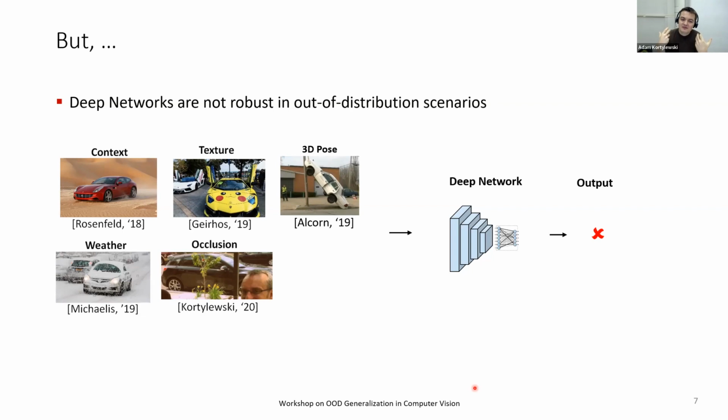The same happens with unusual textures, cars seen in unusual poses, difficult weather conditions, or, what we have studied a lot in our group, partial occlusion. When one of these variations is not observed in much detail at training time, these methods do not generalize well at test time.